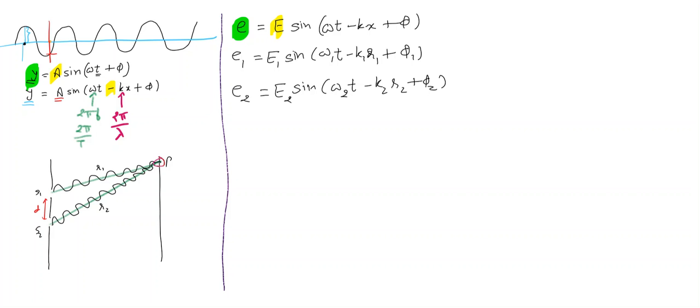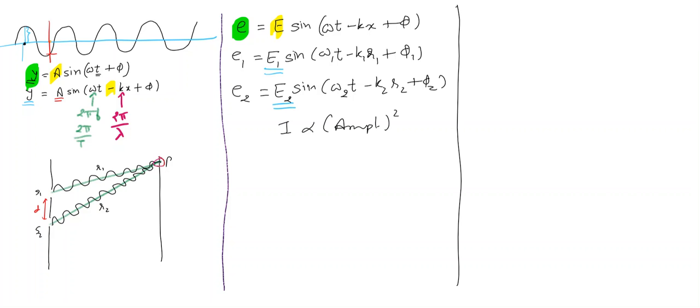Now we know that the resultant wave can be found if we take the resultant intensity. Intensity is proportional to the square of amplitude, so I need the amplitude of the resultant wave. How do I find the resultant amplitude from E1 and E2? Because we need to consider direction also.